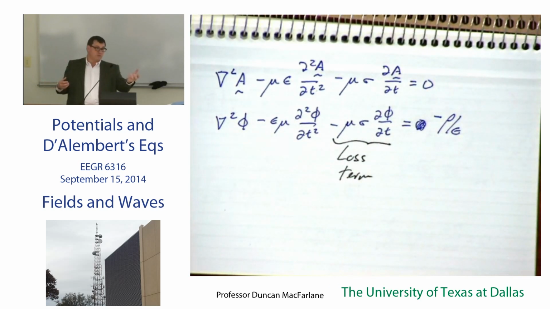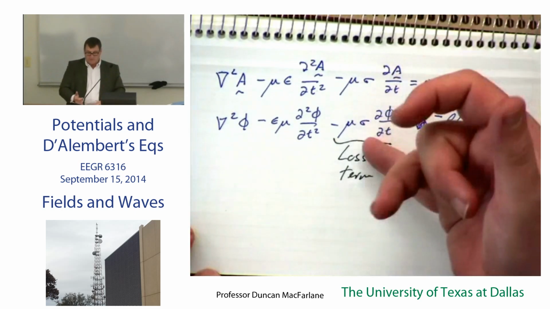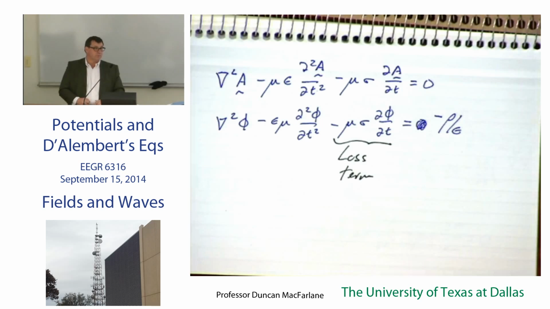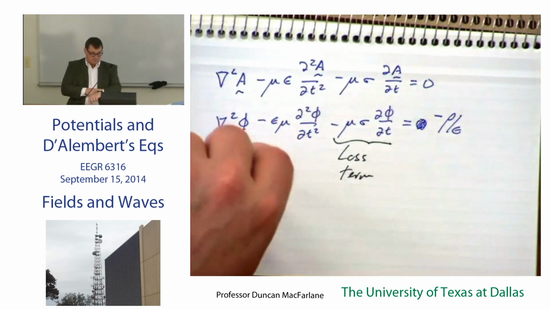We have the inductance, which is the kinetic energy. The wave is formed by the trade-off between potential, kinetic, potential, kinetic, potential, kinetic. When I include the loss in there, I have a sinusoid that now gets decayed exponentially. Okay?